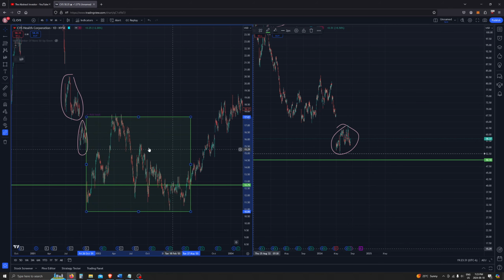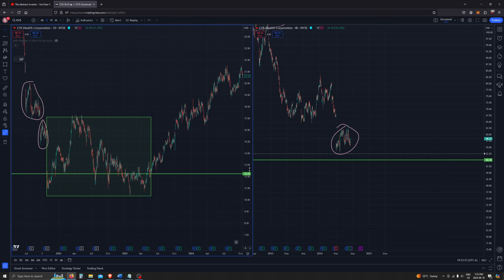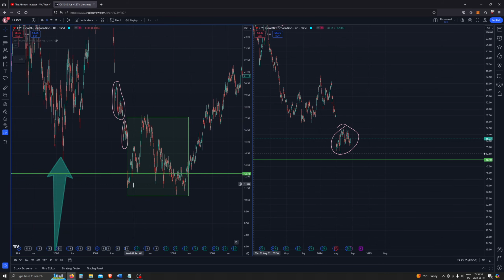I'm looking for a little bit of a replication of this, but in the pattern of today. So this is what I'm looking for, and when I start to see this pattern play out, then I will consider buying into CVS, but not before, because I don't want to ride all this.